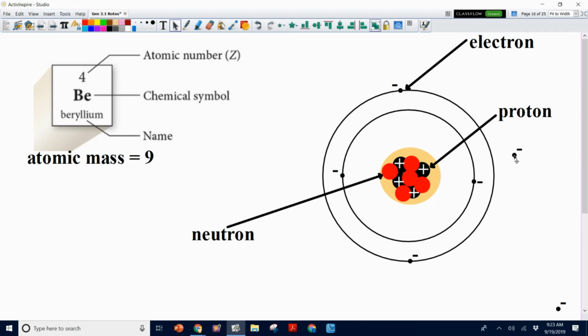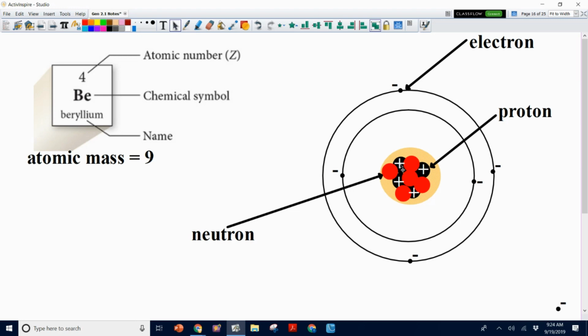So if we add electrons to an atom, like I just added this 1 electron, I took it off and add this 1 electron here. So now beryllium has 4 positive charges, but now it's got 1, 2, 3, 4, 5 negative charges.